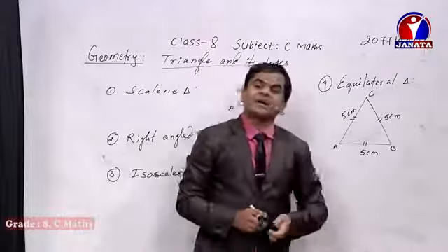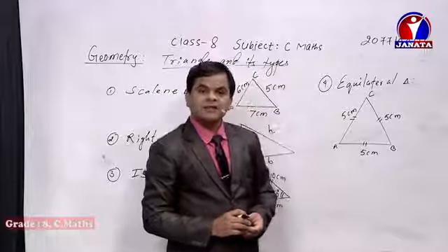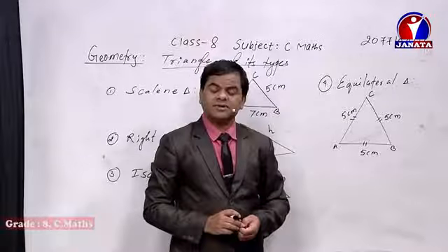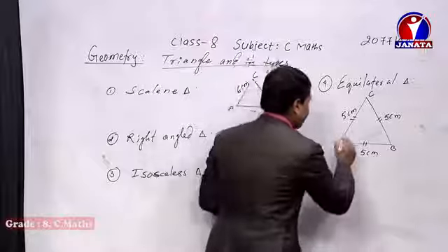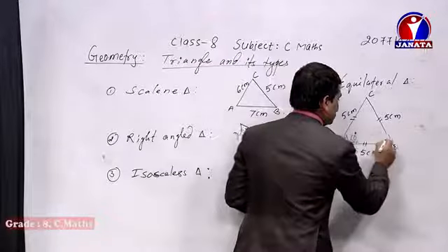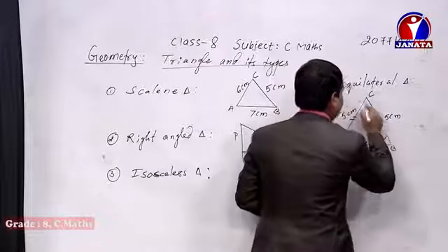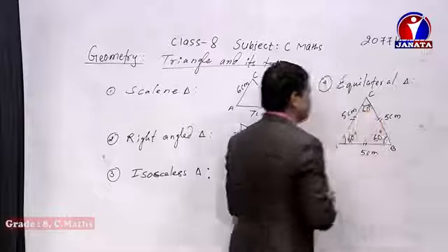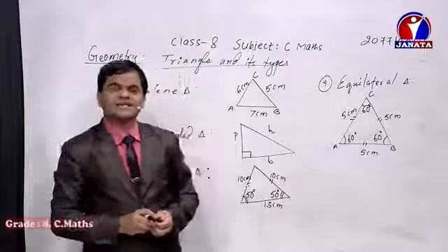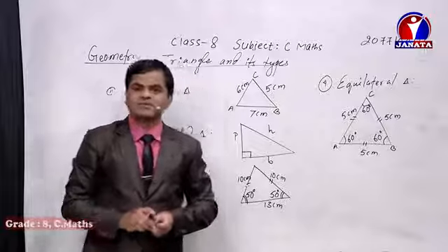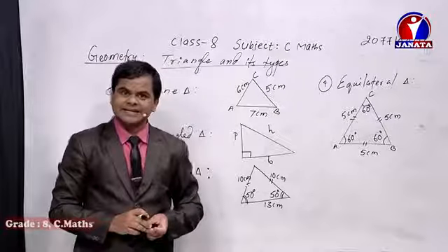Not only the sides are equal, dear students, the angles of an equilateral triangle are also equal to each other. That means here will be 60-degree, because all angles should be equal and all the angles are 60-degree. Because, dear students, you have learned in the junior classes as well, the sum of the angles of a triangle is 180-degree, isn't it?